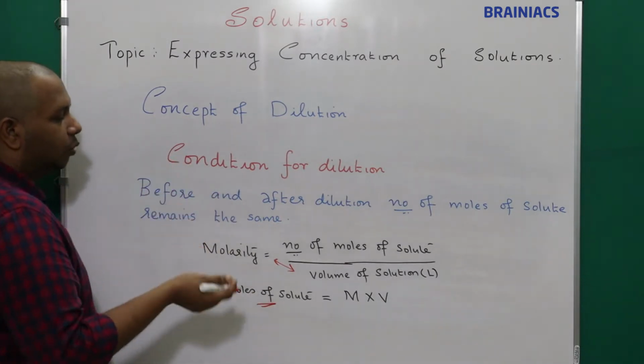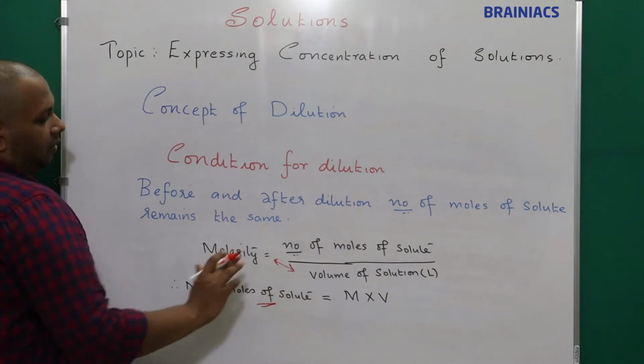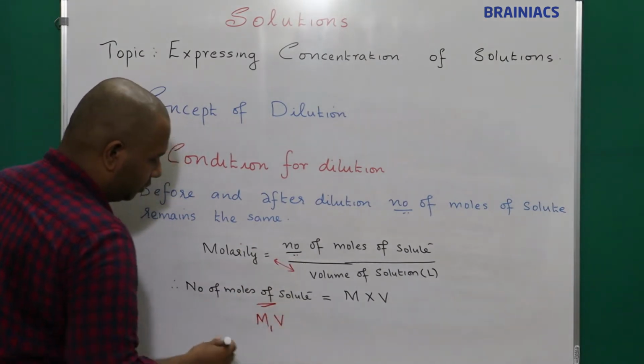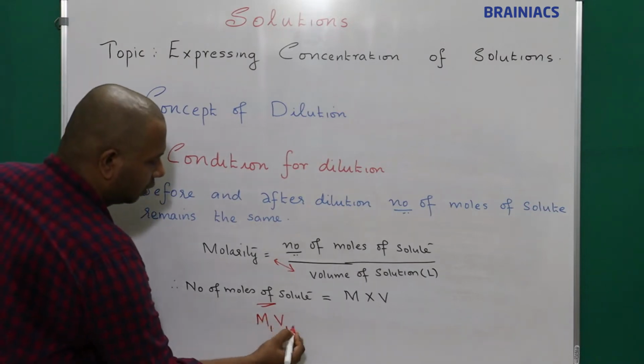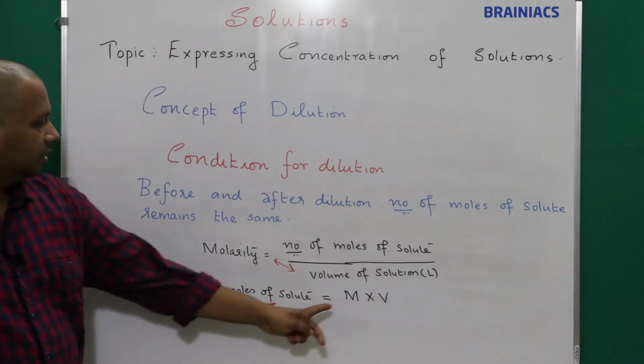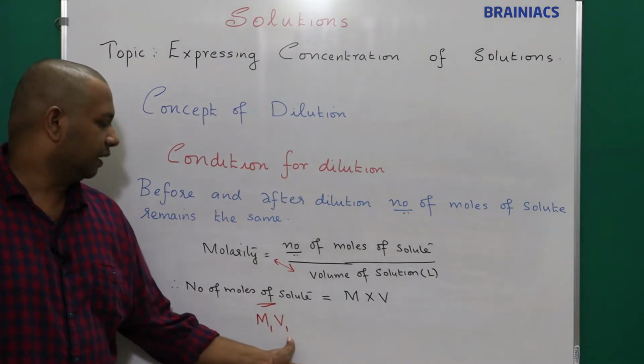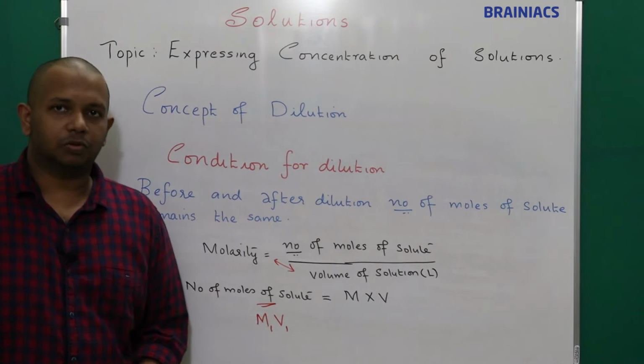Now I can say M1 V1. M1 means molarity, and V1 is the volume. These two multiplied give the number of moles of the solute.